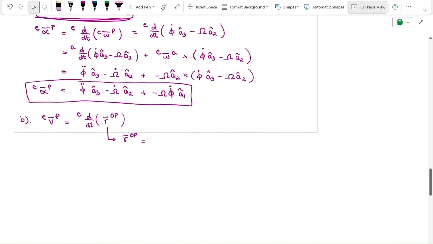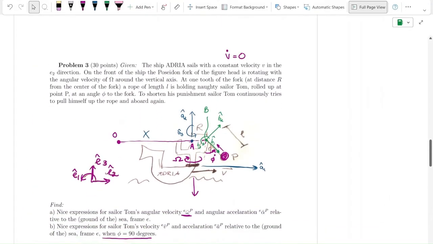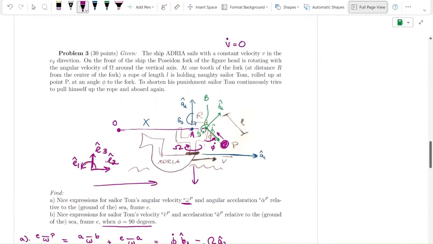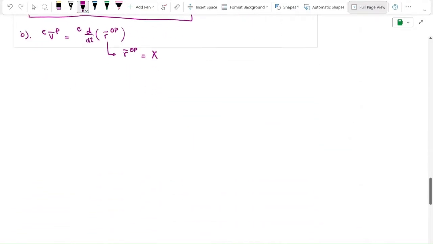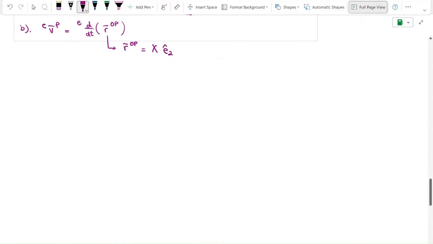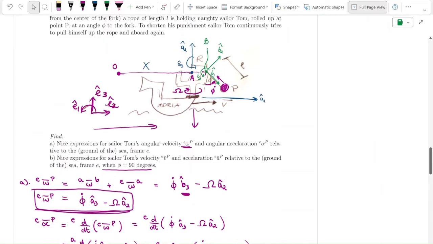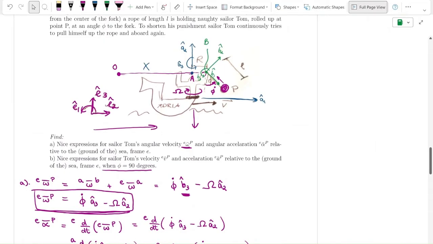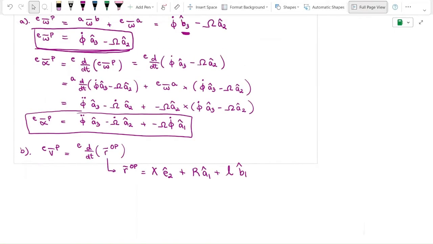So let's write that down. It's going to be X in the E2 hat direction, because the ship is going at constant velocity V in the E2 hat direction, plus distance R along the A1 hat direction, and then distance l along the B1 hat direction.